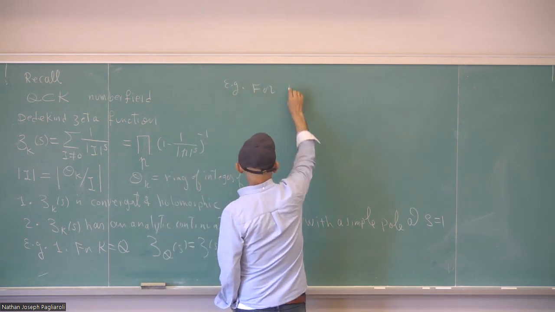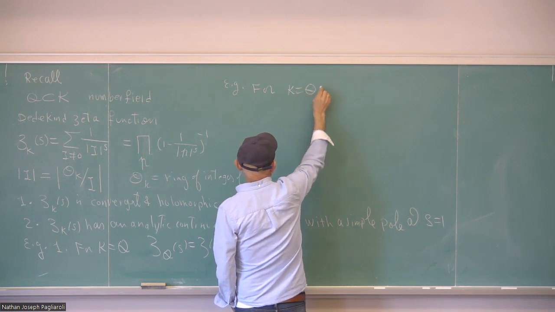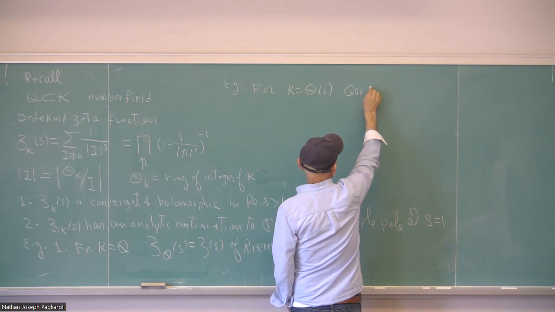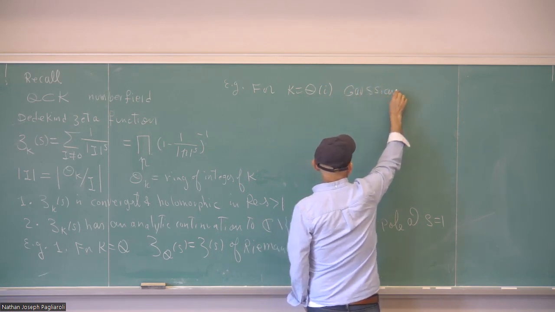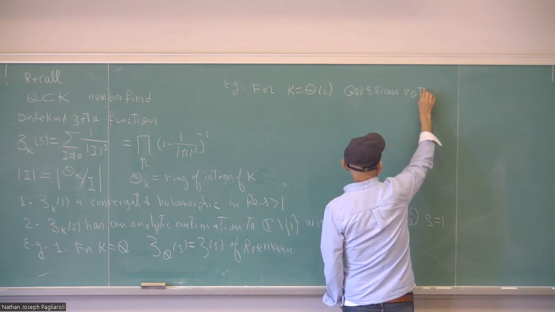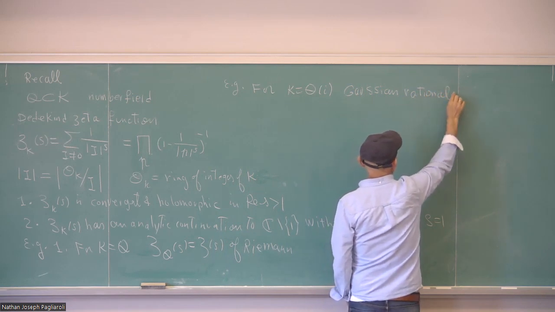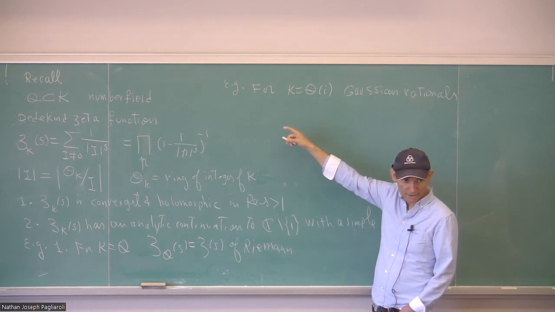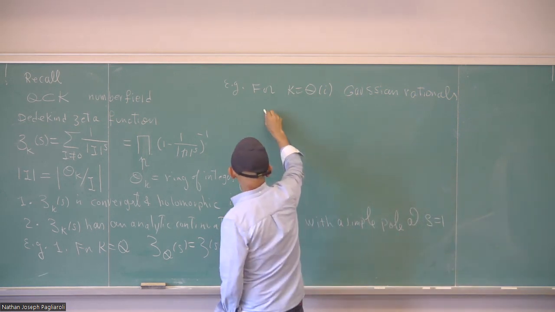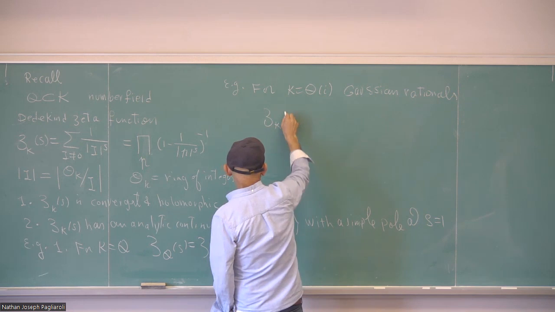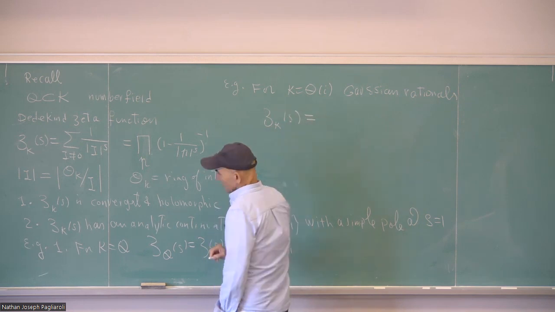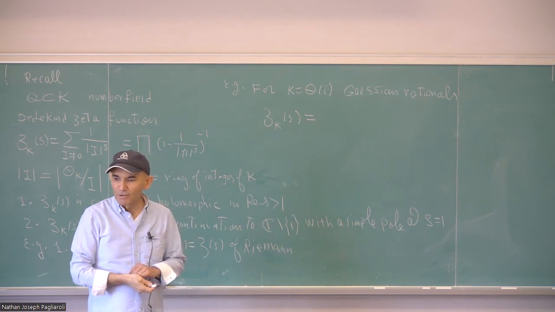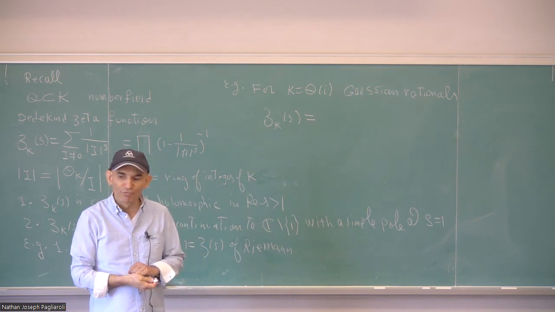And example 2, a more interesting example, K equal to Q(i), the Gaussian rationals. We computed zeta K. You remember there was a factorization. It was equal to a product of two functions.